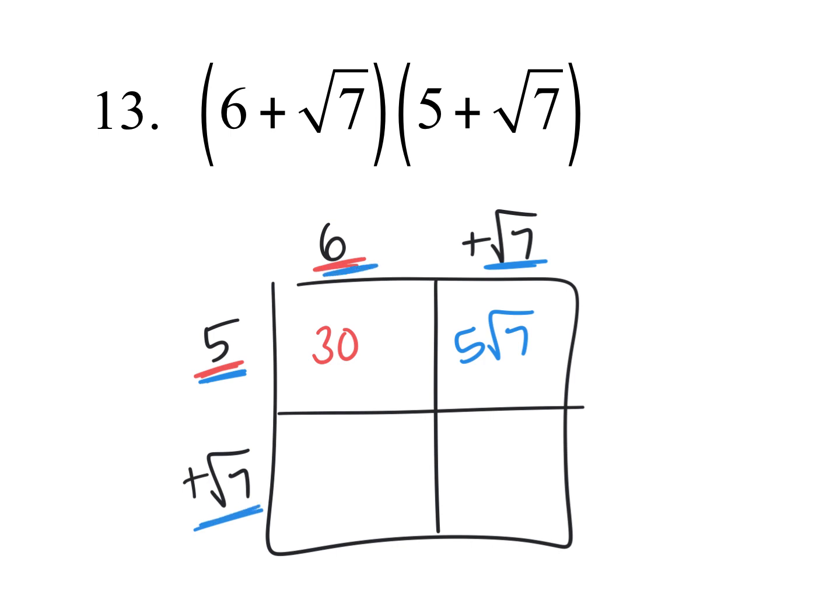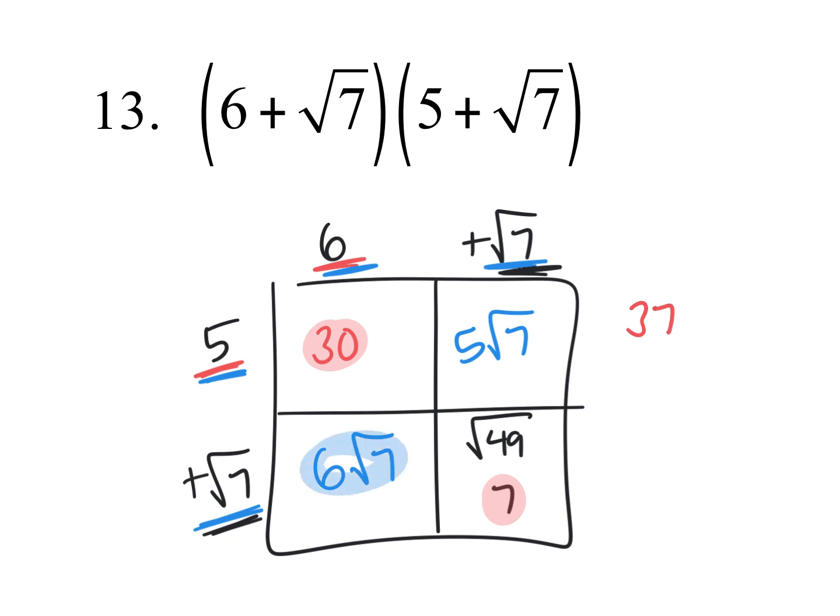Square root of 7 times 6 would be 6 square root of 7. And square root of 7 times square root of 7, which is the square root of 49, which equals 7. So I can go ahead and combine my like terms. 30 plus 7 gives me 37, and 6 square root of 7 plus 5 square root of 7 will give me 11 square root of 7.